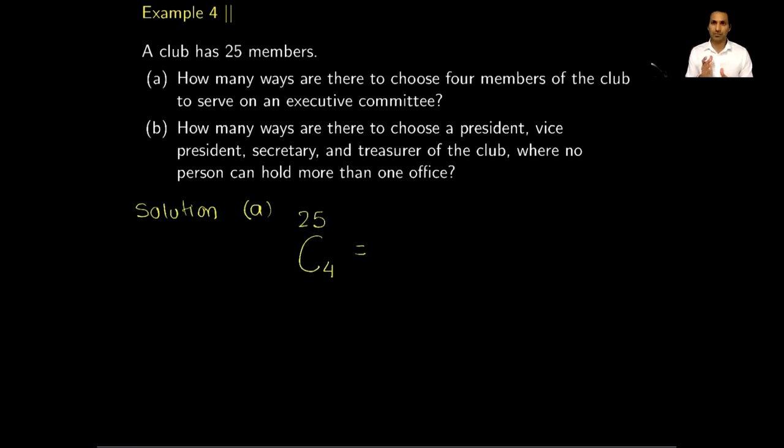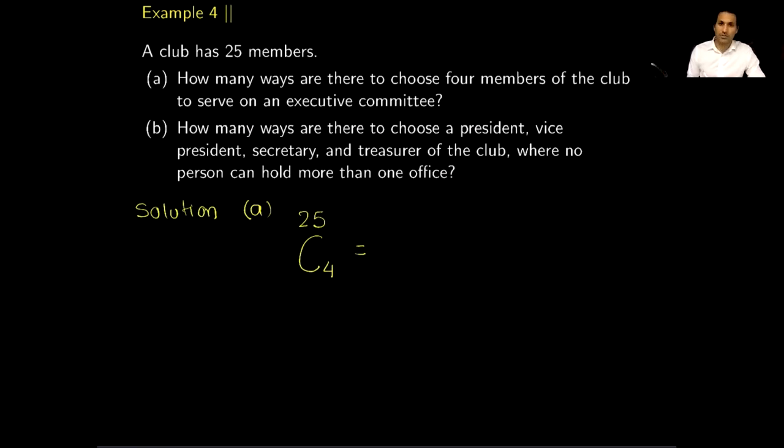You choose person P1, P2, P3, P4, or you choose person P4, P1, P2, P3. Since the order does not matter, all you have to do is select the 4 members, and that's all we need to do. So this problem can be solved by the method of combination.